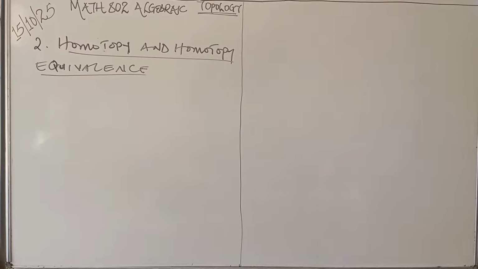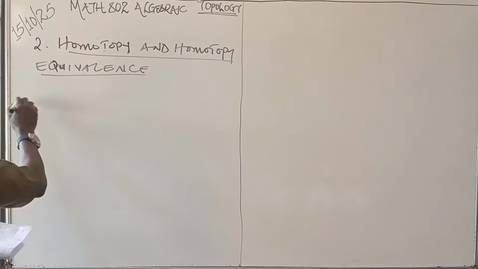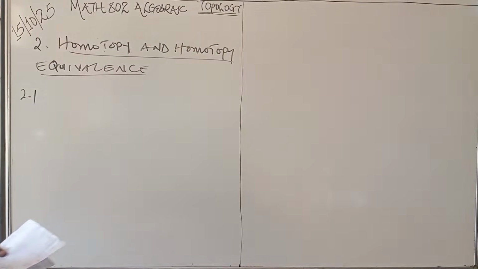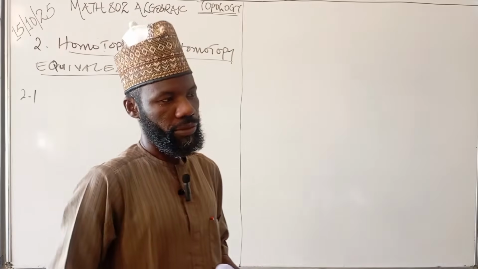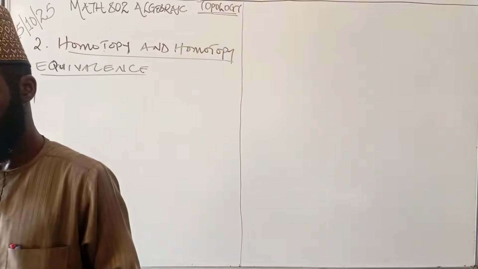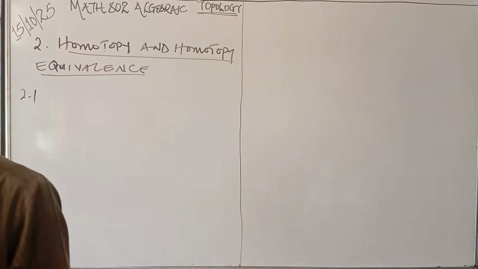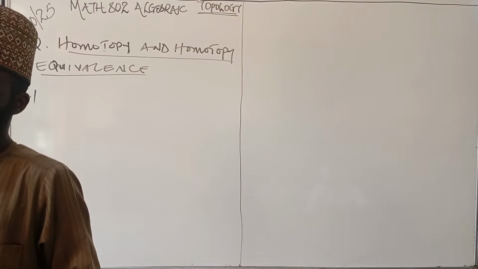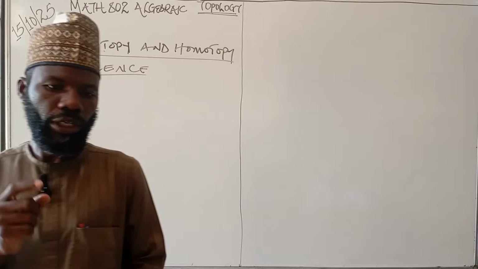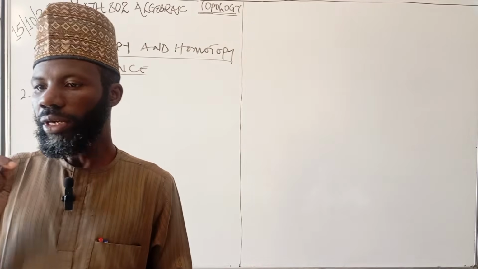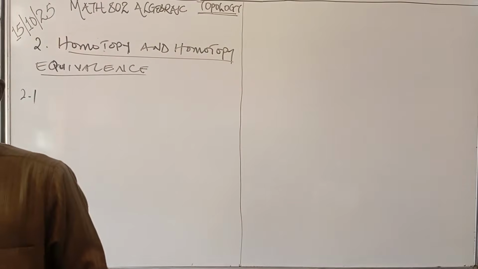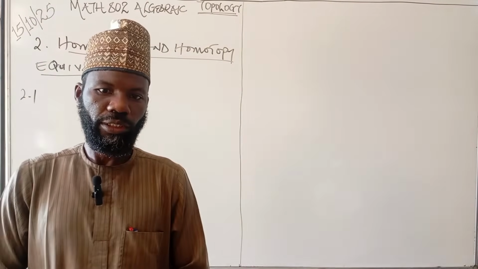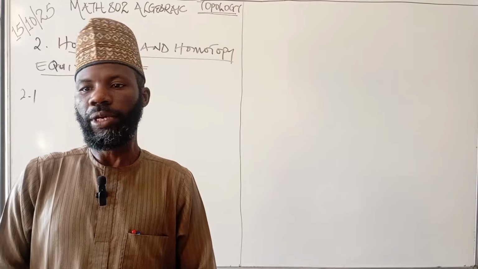So the first section, what we are going to be doing is to look at some weaker notion of homeomorphism. You remember in our introductory class, we talked about the main fundamental problem in topology, which is to identify spaces, which spaces are homeomorphic.